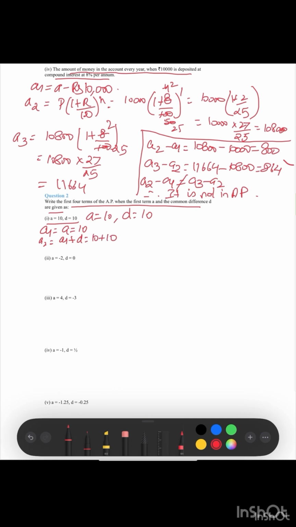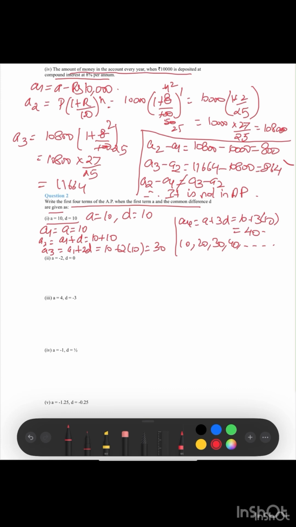Third term A3 will become A1 plus 2D, that will become 10 plus 2 into 10, which is 30. We have to find out 4 terms, so the fourth term will become A4 is equal to A1 plus 3D. That means 10 plus 3 into 10, that is 10 plus 30, which is equal to 40. So my series will become 10, 20, 30, 40 and so on.